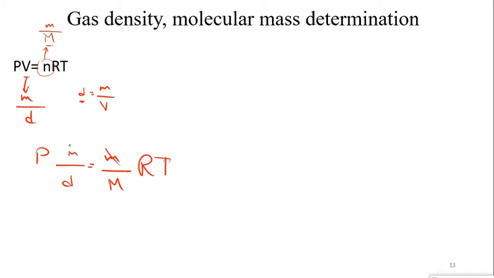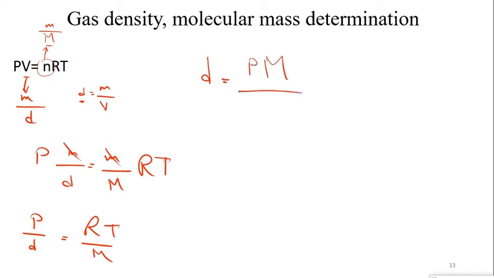Now I can cancel the mass in grams on both sides. This will make P over d equal to RT over M. And I can say that the density itself is equal to P multiplied by the molecular mass over RT.